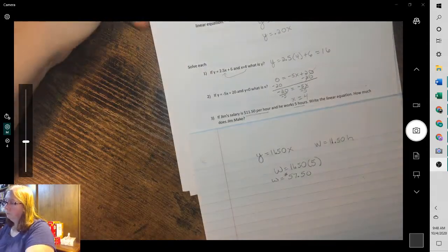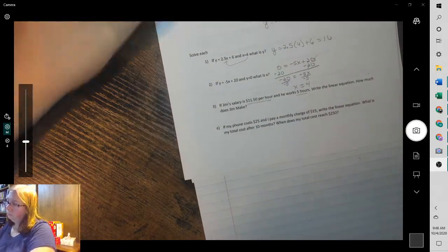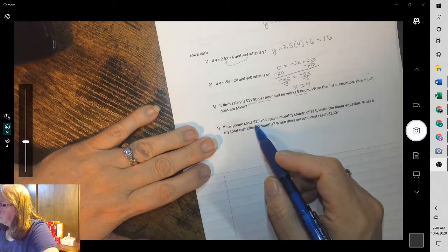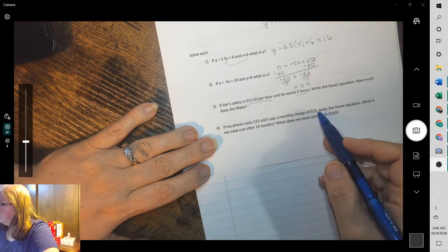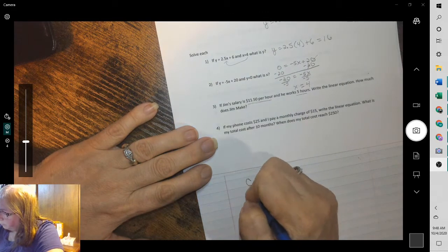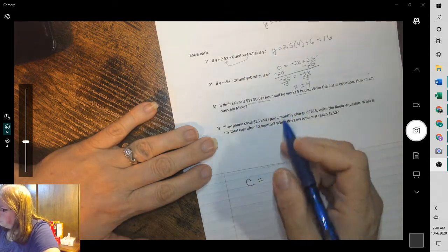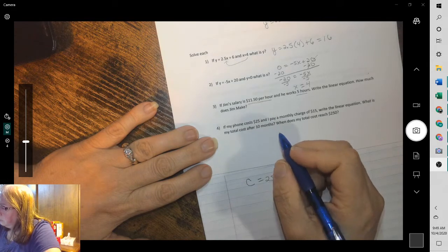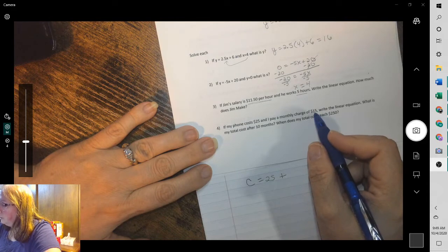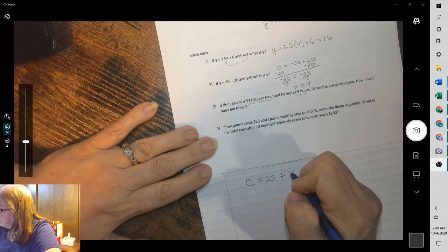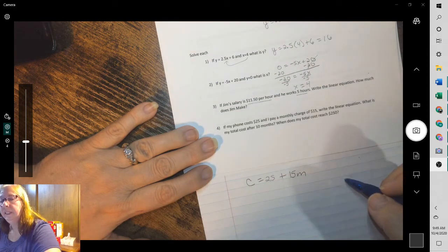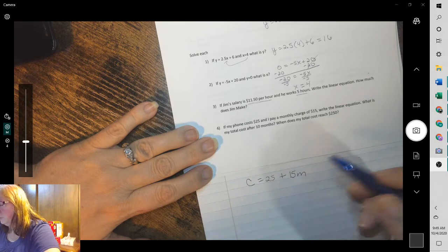Try one more. If my phone costs $25 and I pay a monthly charge of $15, write the linear equation. So we're going to find cost. It's $25 plus a monthly charge of $15. That makes that the rate of change, monthly charge, 15M. So the cost is 25 plus 15M. Could use X and Y, and that's fine.